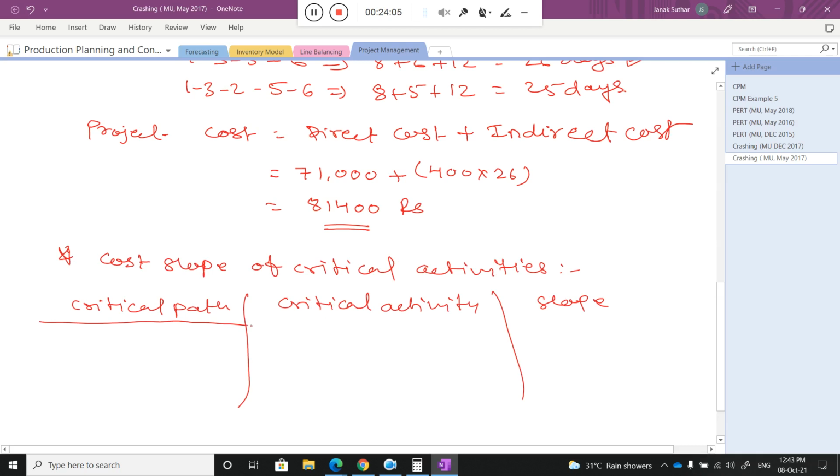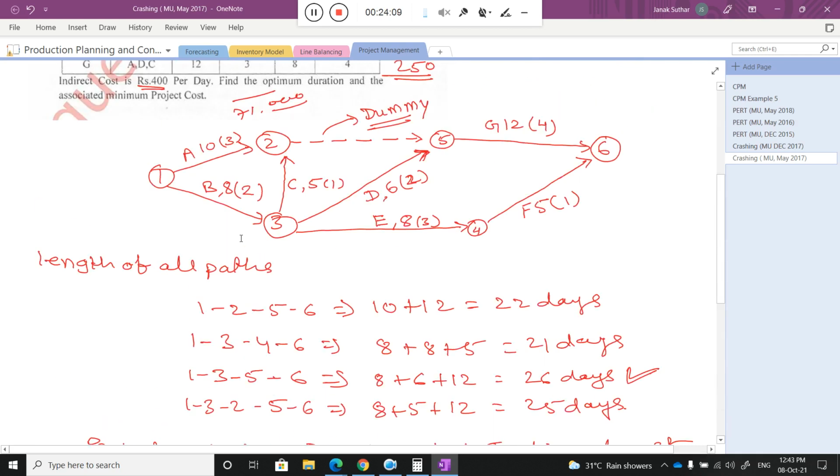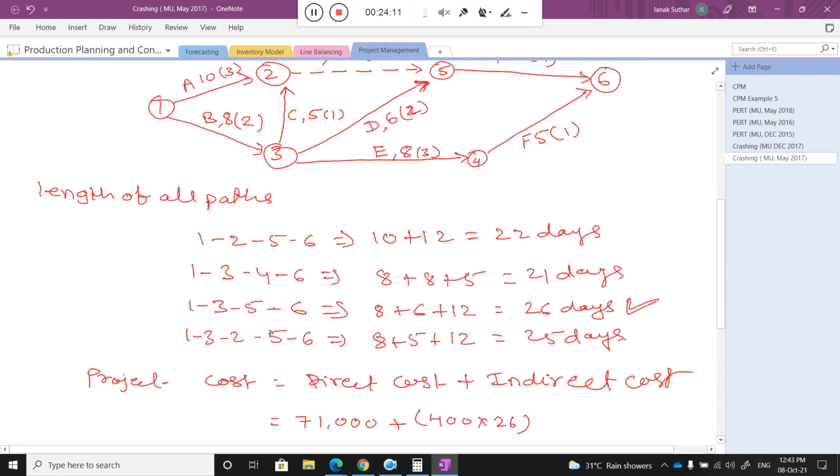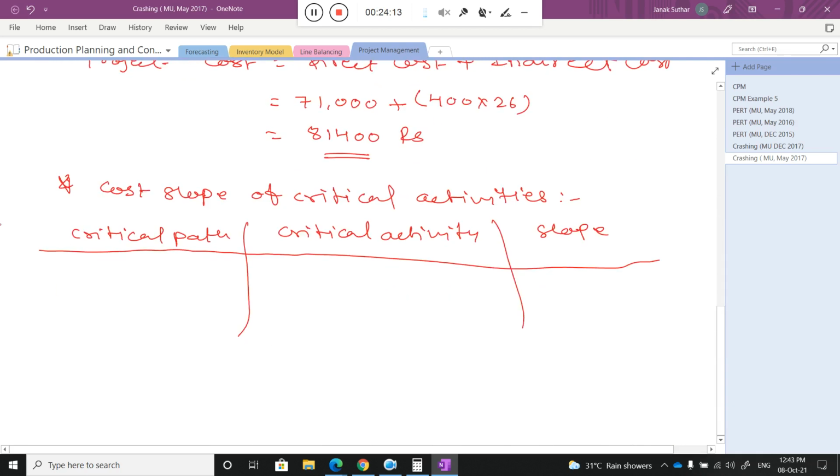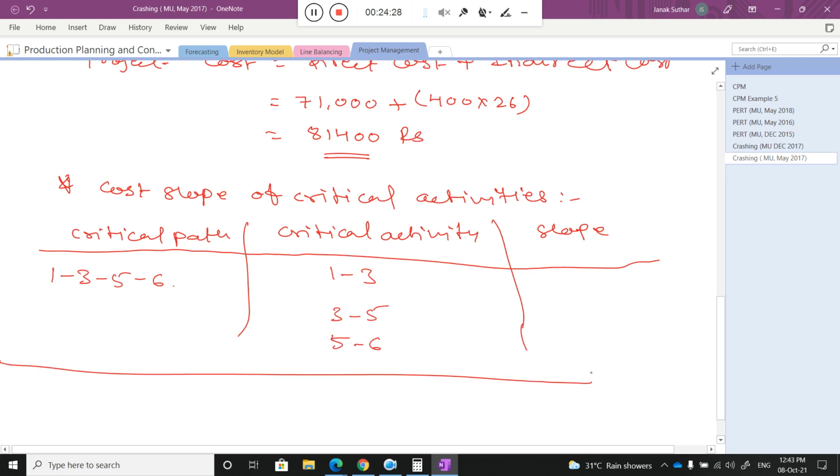So now what is the critical path here? The critical path is 1, 3, 5, 6, so I write here 1356. What are the critical activities? I have written here 1 to 3, 3 to 5, and 5 to 6, with the respective slopes that you already calculated.